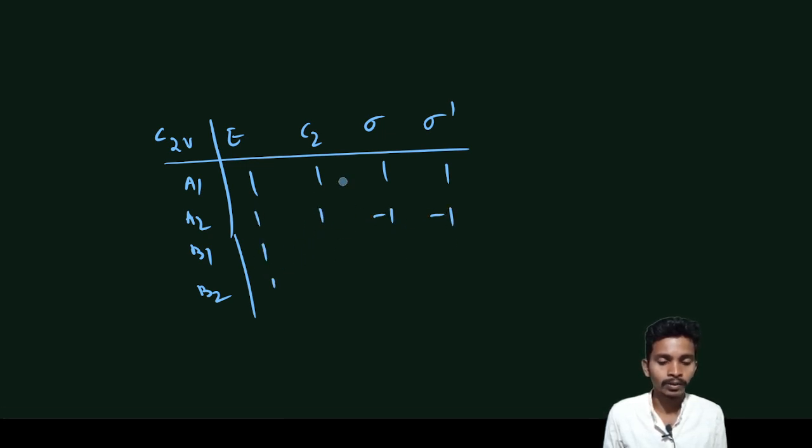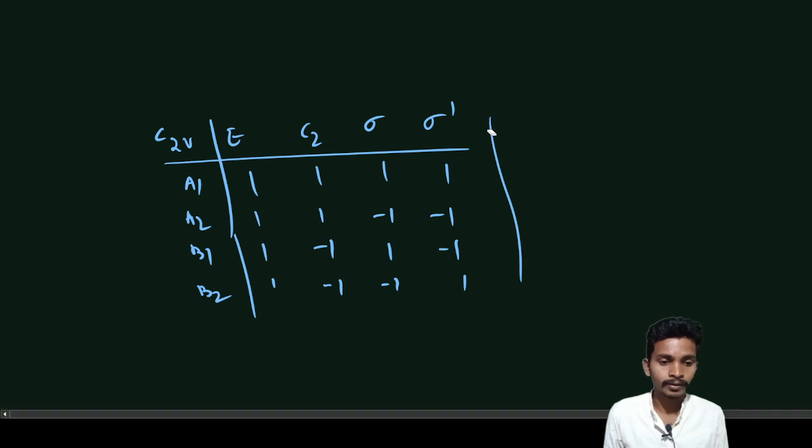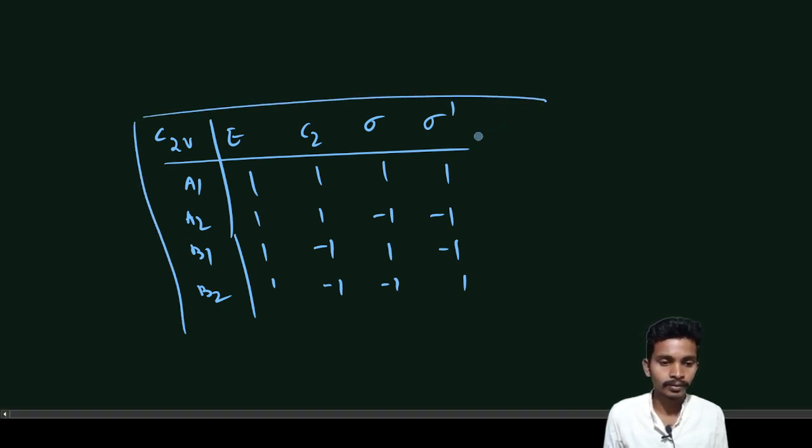Now we know how to draw the character tables, we already discussed. B1 is 1, minus 1, 1, minus 1, and B2 is 1, minus 1, minus 1, 1. And this is the character table.